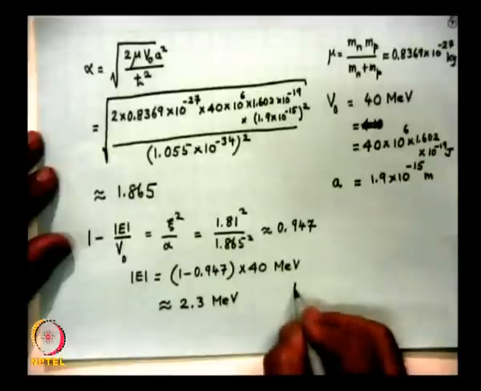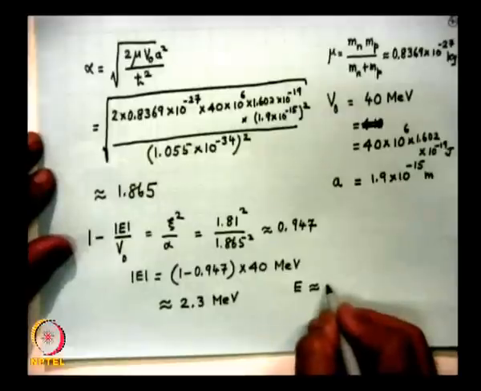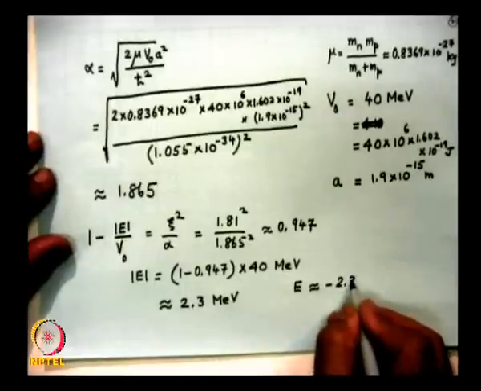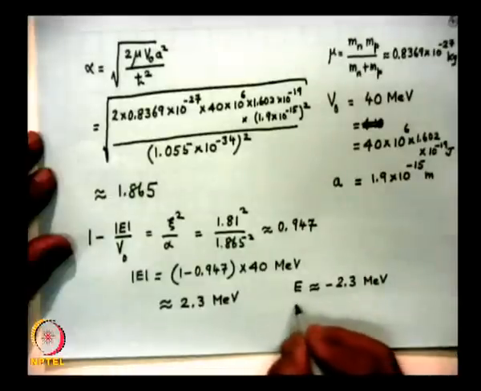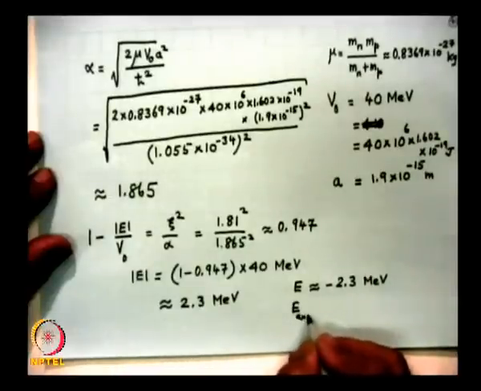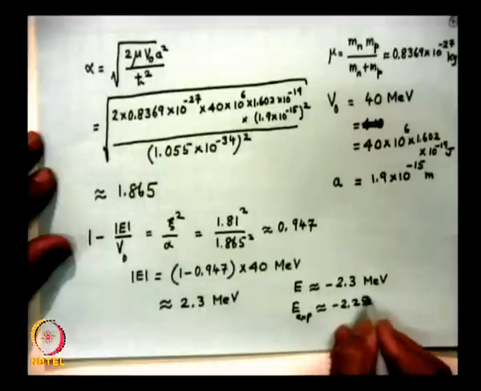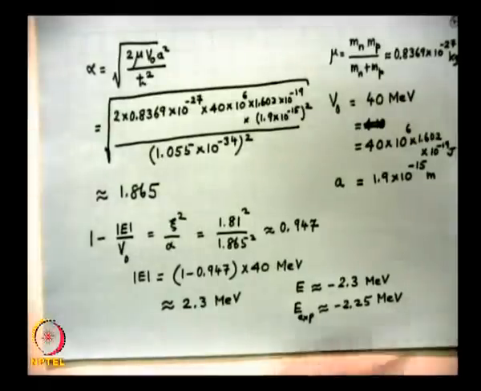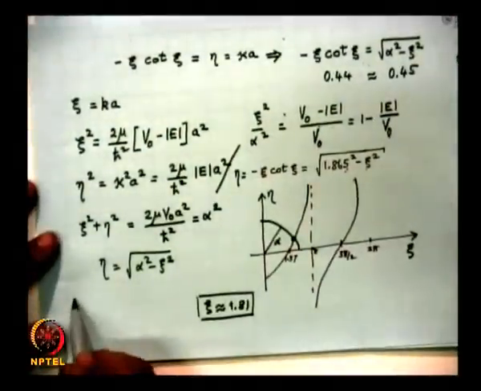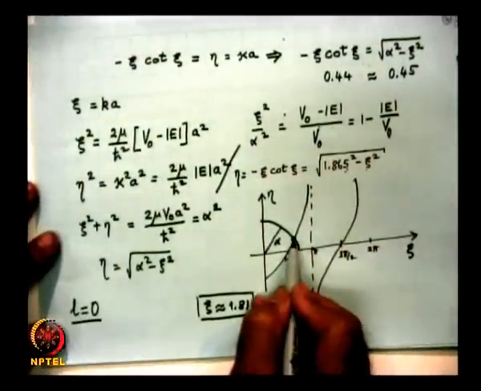So, the binding energy of the deuteron according to our simple model comes out to be 2.3 MeV, and the actual experimental value is minus 2.25, I think. There is one thing that I would like you to understand, at least for the L equal to 0 case which we have been considering: there is only one bound state.